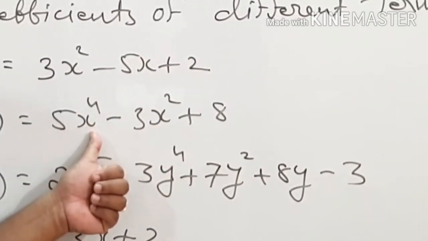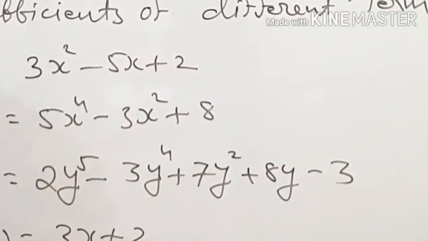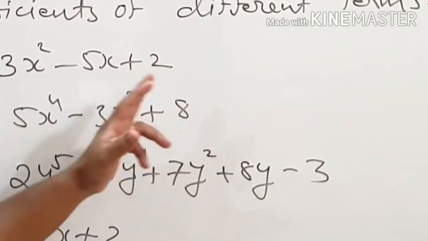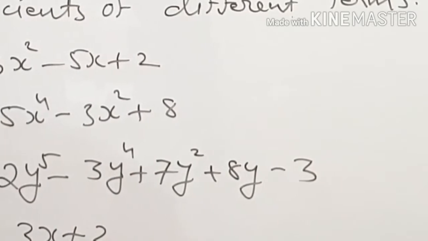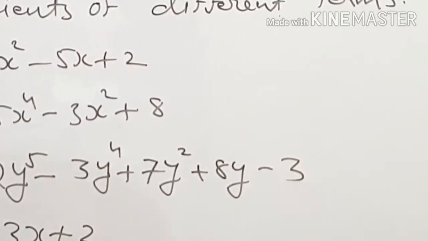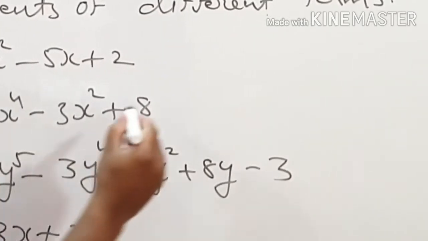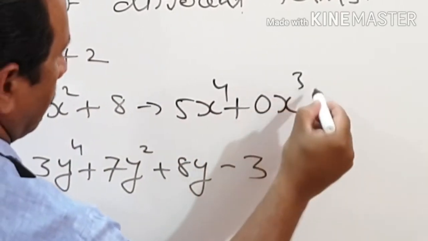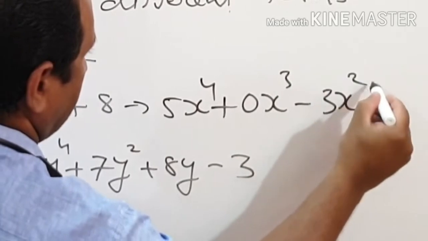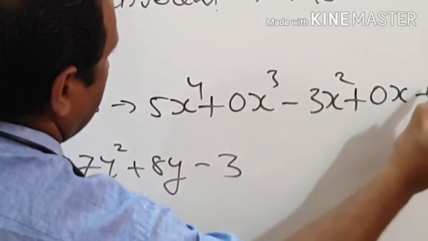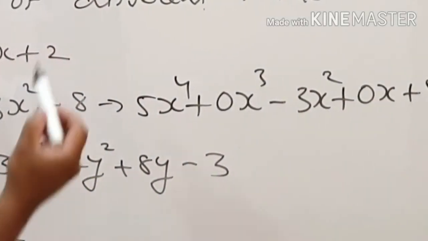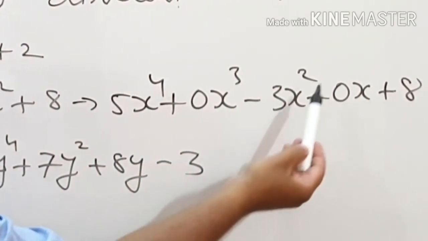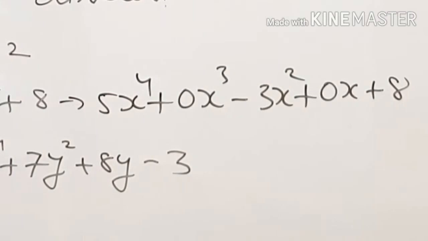That means the x cube term is missing, which doesn't matter. The constant term comes next, so the x term is also missing. If required, you can write it in standard form as 5x raised to 4 plus 0x cube minus 3x square plus 0x plus 8.